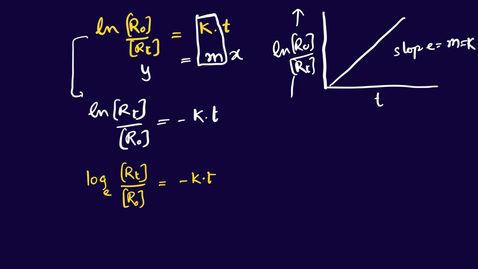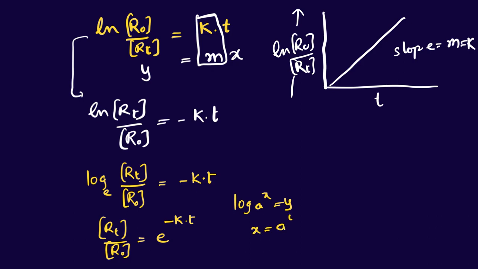This can be written as log of R at T time concentration by R naught concentration is equal to e power minus k into t. Why is it represented like this? One mathematical formula is log a power x is equal to y, meaning x is equal to a power y.